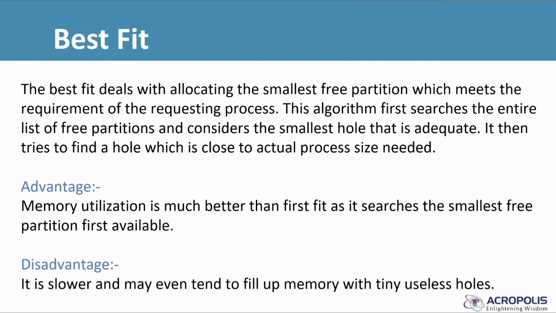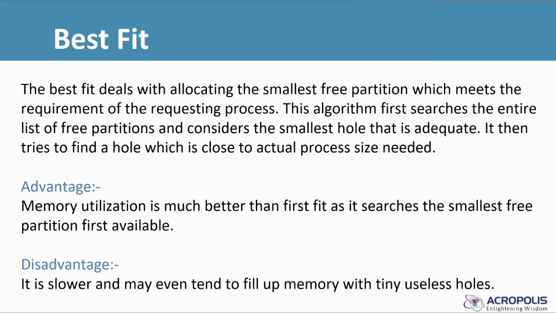The advantage is that it is better than first fit, as it searches for the smallest fitting partition available. But the disadvantage is that it has to search the whole memory, so it is not that efficient in terms of time, and it can also create useless holes.